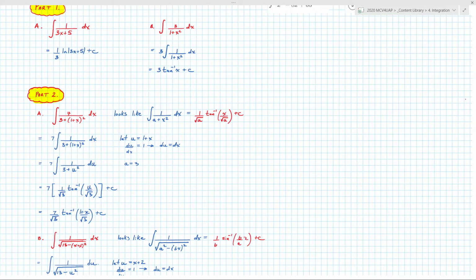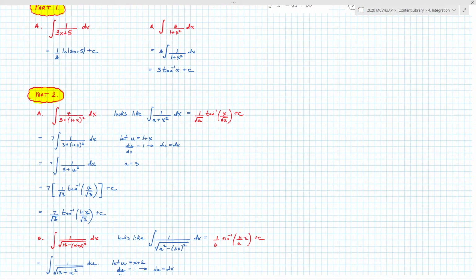Now we need to use a substitution, because if I let u equal 1 plus x, the integral transforms into 1 over 3 plus u squared, which we know is the tan inverse integral. Okay, we're just applying that formula from the previous lesson. It's 1 over root a tan inverse u over root a plus a constant.